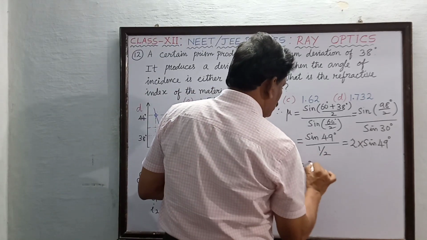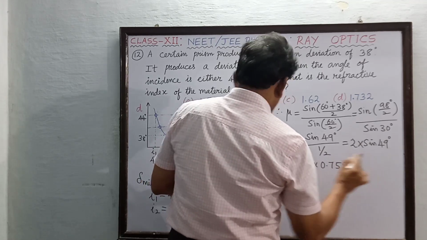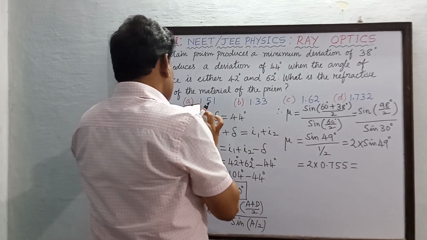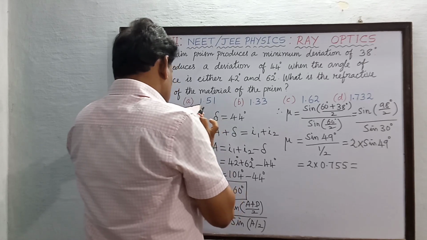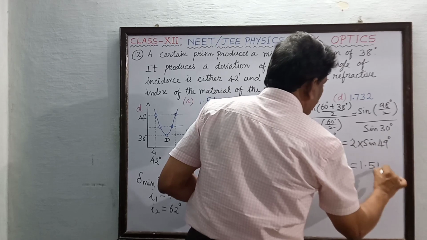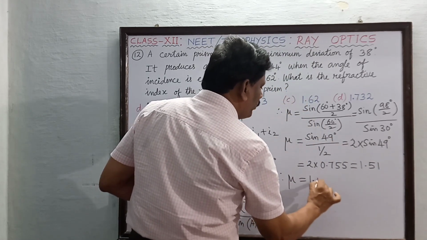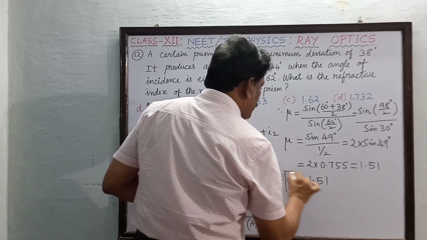So this is equal to 2 into 0.755, which will be equal to 1.51. Therefore, the refractive index is found to be 1.51.